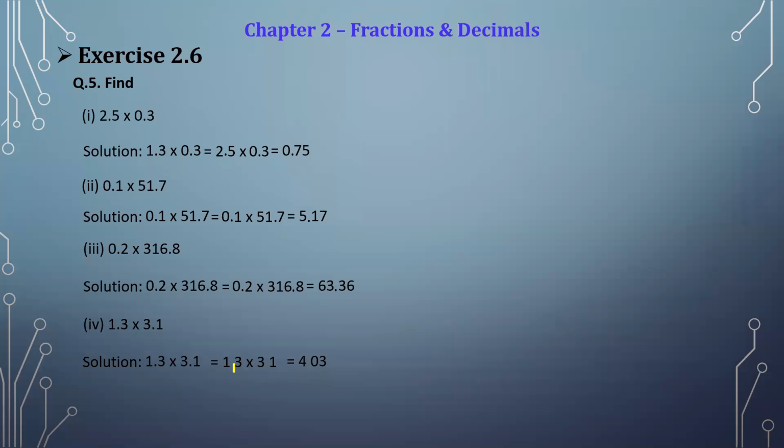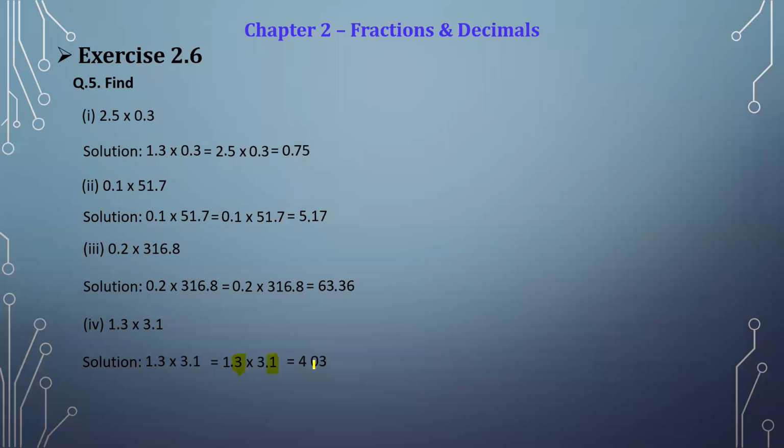In the first decimal number it is like this, 1.3, and in the second decimal number it is like this, 3.1. Now we have to count the decimal digits which are present after the decimal point. So here in the first number only one digit is there, and in the second number again one digit is there. So 1 plus 1, 2.